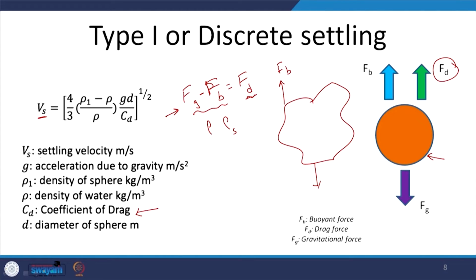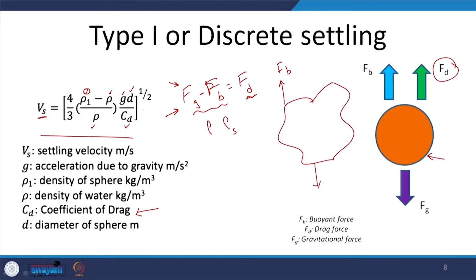First, the settling velocity, or the terminal settling velocity, of that particle. It depends on gravity, which is a constant, the density of the sphere, which is a variable, the density of water, which is a constant, the coefficient of drag, and the diameter of the sphere. As I mentioned, we are modifying the equation we get from this derivation for a sphere, and that is what we have out here.